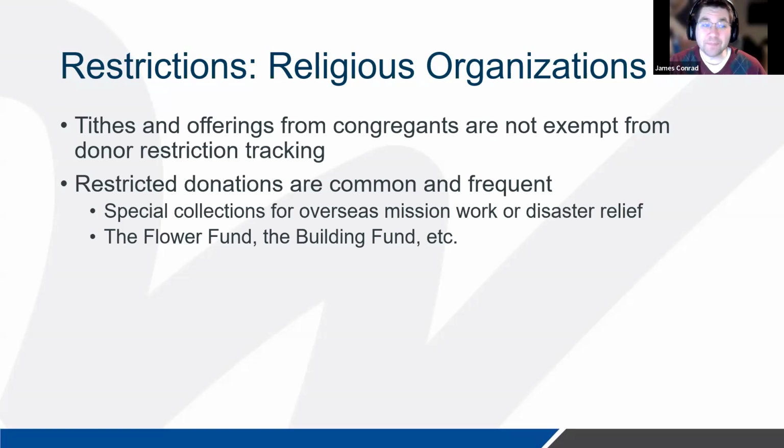But if you have special collections, imagine much like the Red Cross having disaster relief, a church will say, oh, one of our sister churches in another state was hit by a hurricane and they're trying to rebuild. That's a special collection. That is restricted dollars. The rule, even if it is implicit, says when you give to this program, you want it to go to that program. You just don't want it to go to whatever.